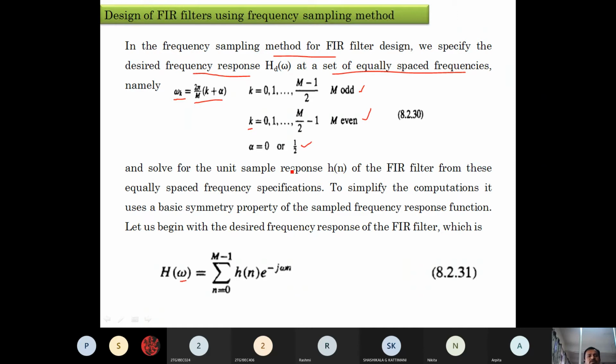Then solve for the unit sample response h of n of the FIR filter from these equally spaced frequency specifications.